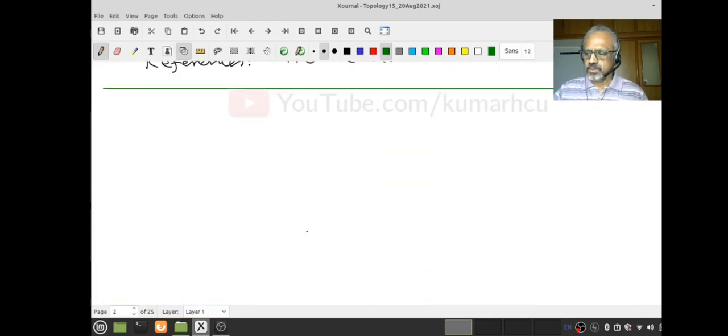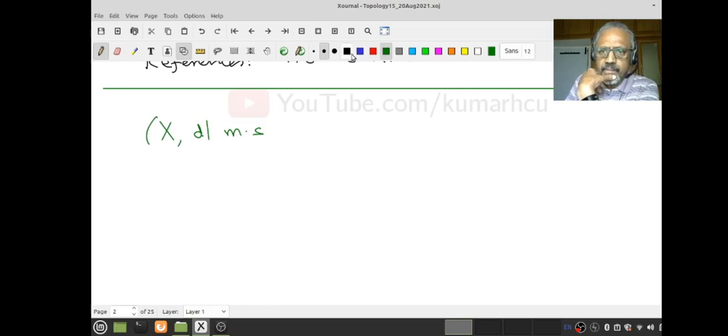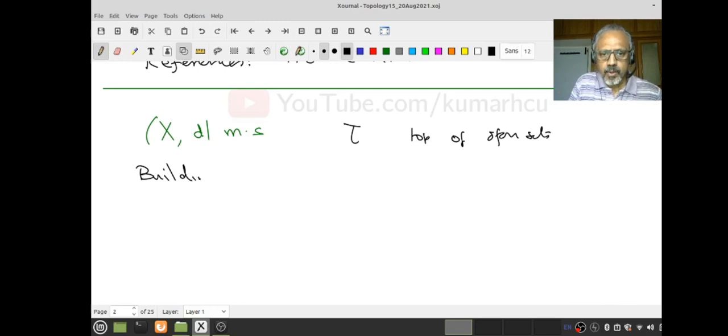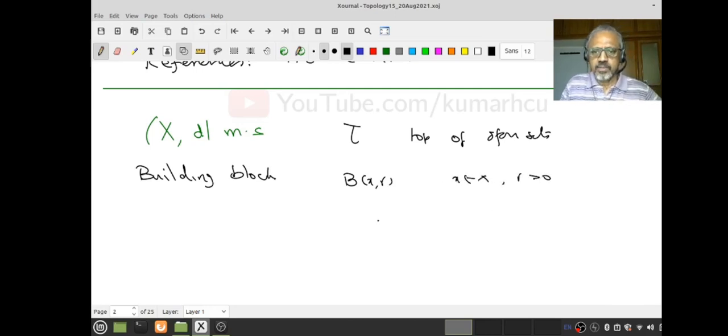Let us recall how we built a topology. Suppose (X, d) is a metric space. How did you define the topology of open sets? The building blocks here were the open balls B(x, r), where x is in X and r is positive, and using that we built a tau.